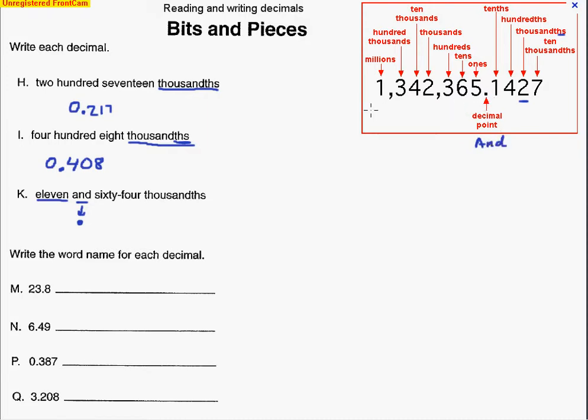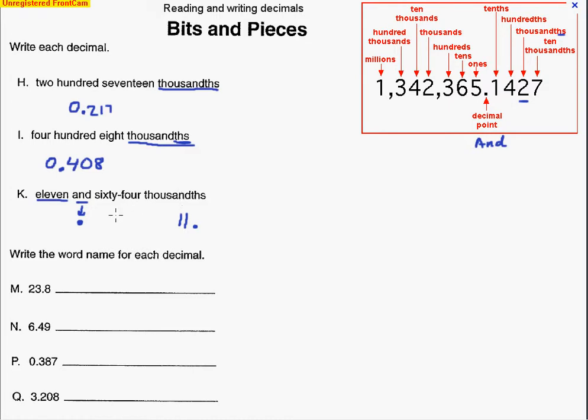So when you read a number and we have a decimal point, it's basically reading two numbers. You've got the whole number, and then you also have the part of a number. And so when we read the number 11, we just write down 11, and so we use the decimal point for the word and, 64 thousandths.